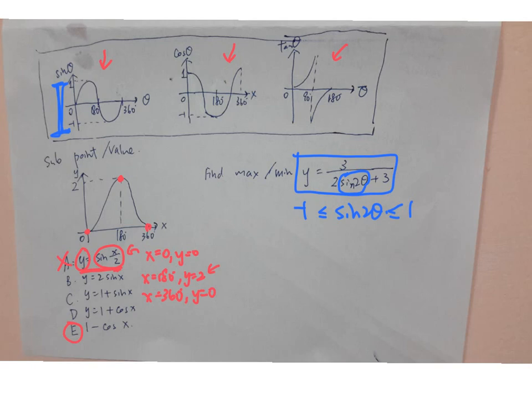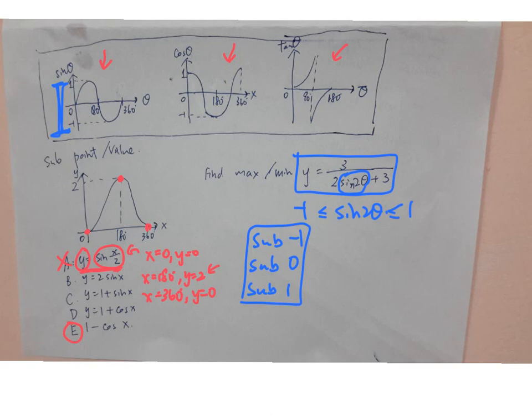And then if the question asks you to find the maximum or minimum point, a very easy way, again, is substitution. You can substitute -1, 0, and also 1, and then check which one is the maximum and minimum.